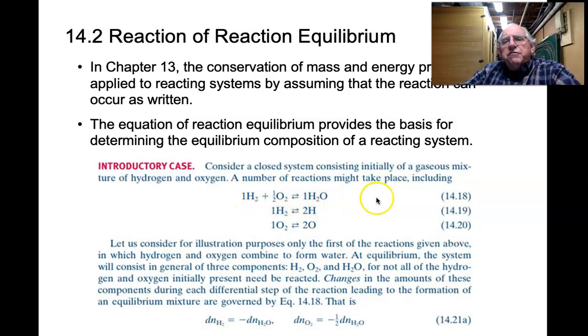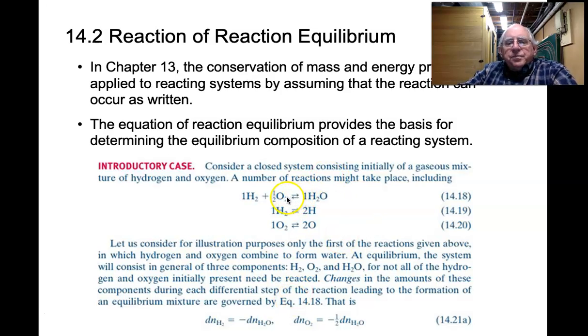And so for just this first equation, 14.18, we can make the statement that the differential number of moles of hydrogen is going to be equal to the differential number of moles of water with a negative sign. So if the number of moles of hydrogen increases, it's done at the expense of a water molecule disappearing. And so for this first equation, we can write this differential change in the number of moles.